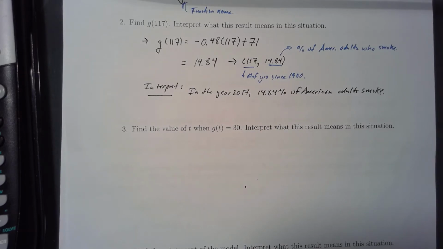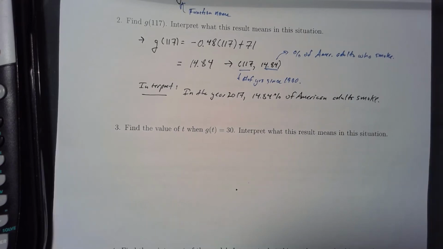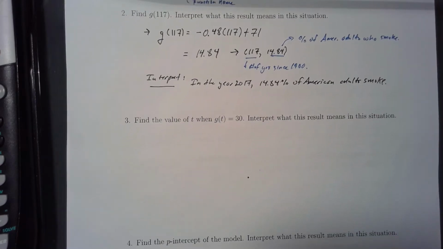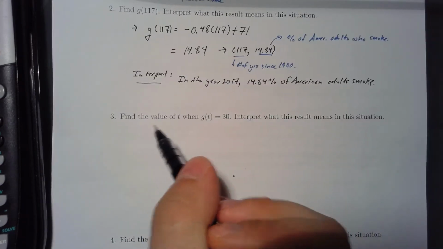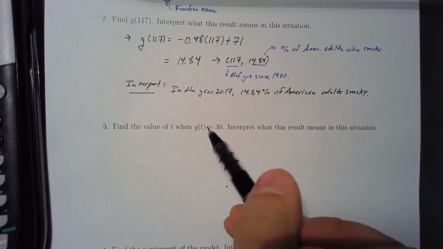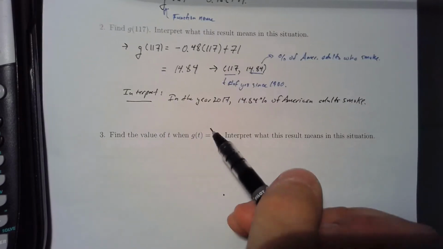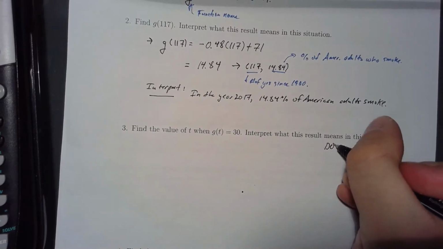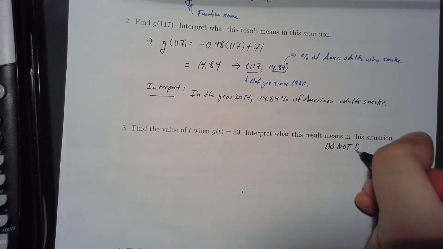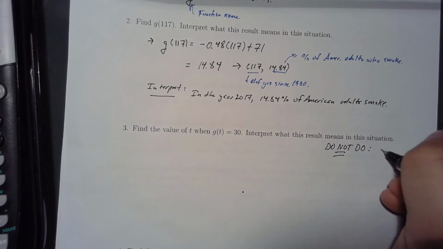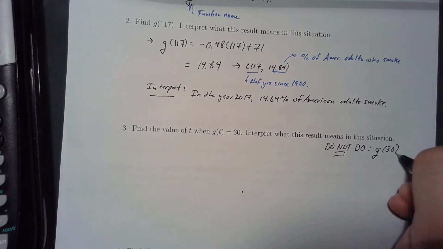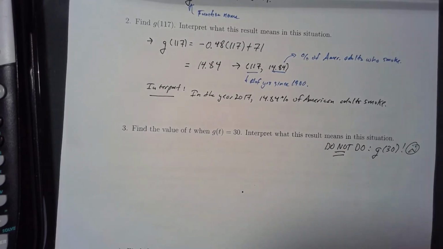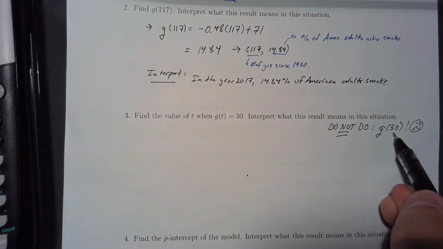Alright, so question 3, find t when g of t equals 30. So here is, remember, don't do this. Don't do that. That's a no-no. Don't plug in 30 at g.